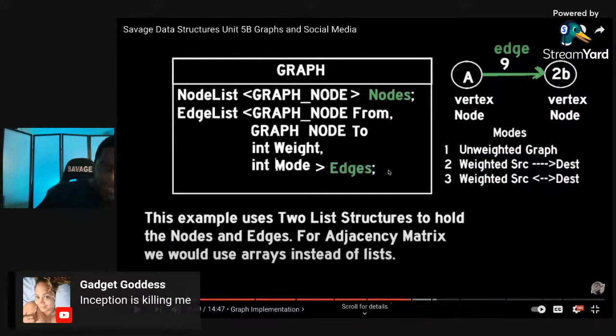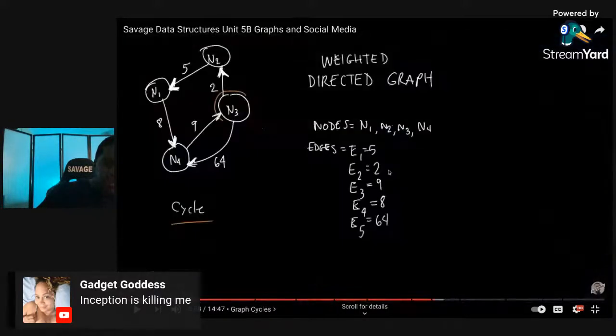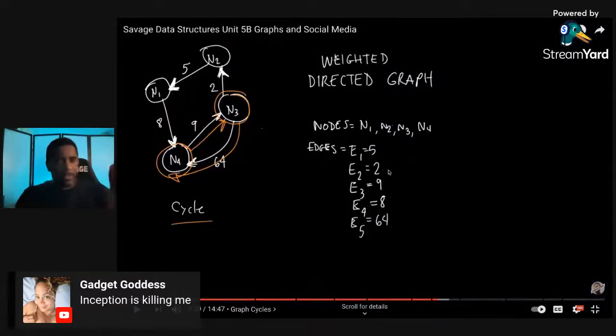So this is just showing you a weighted directed graph with a clique or cycle. In theory of computation, a series of subgraphs inside a graph is also called a clique.